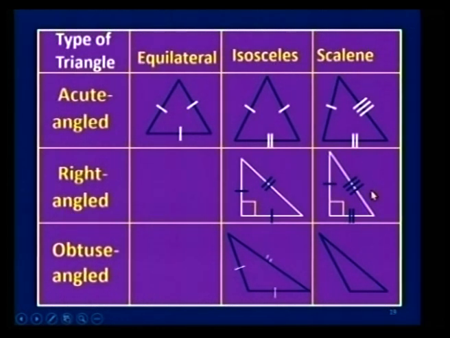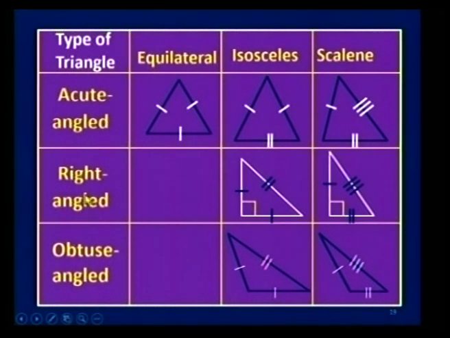Now, observe the screen, children. What you are observing here? These two sides are equal, this side is different. So, we are calling it as isosceles. These three sides are different. So, we are calling it as scalene. Now, children, here two boxes are empty. Why? An equilateral triangle cannot be right angled.